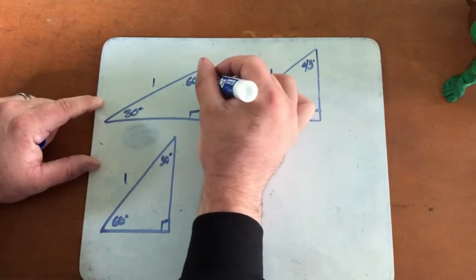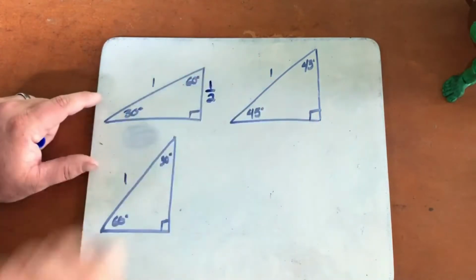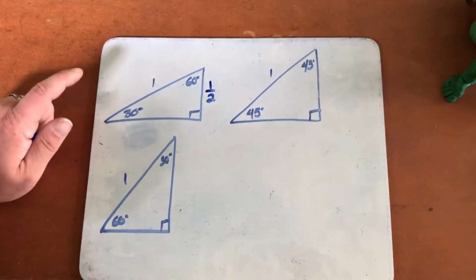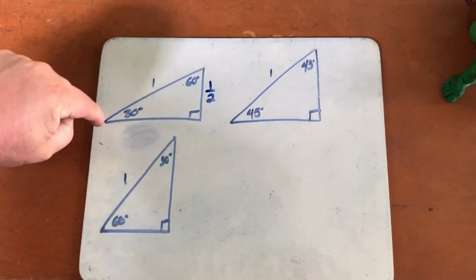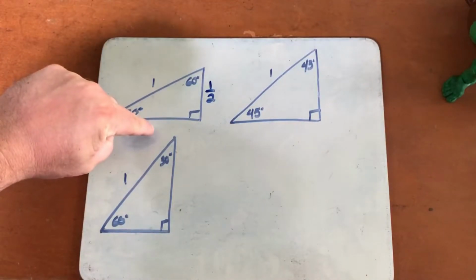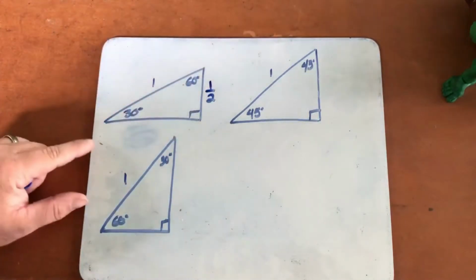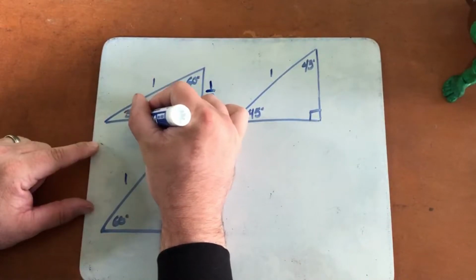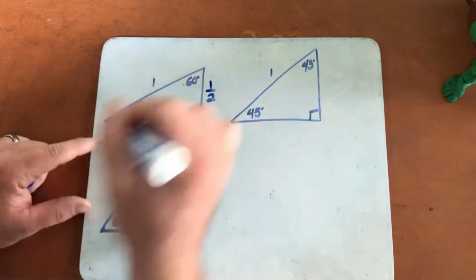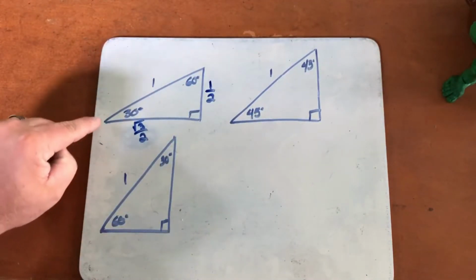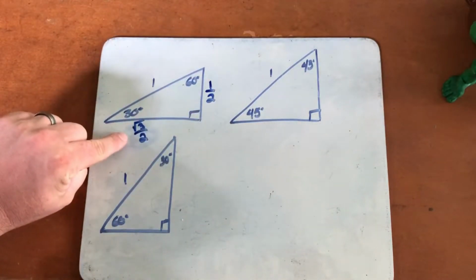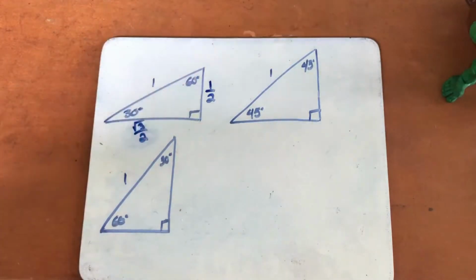So this part right here should be 1/2. We also know that the long leg is √3 times the short leg. So this would be square root of 3 over 2. So notice that the cosine of 30 would be √3 over 2. The sine of 30 would be 1/2.